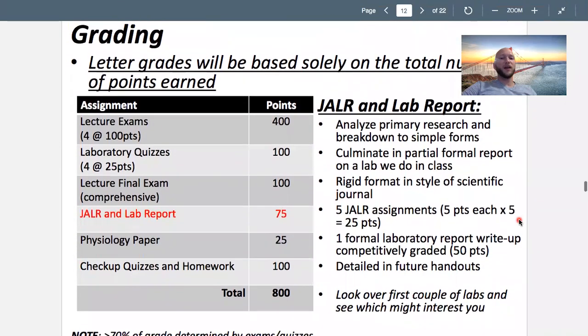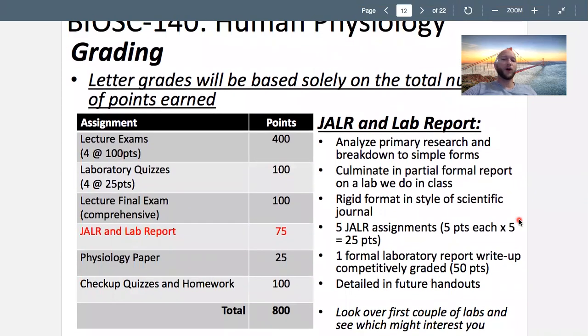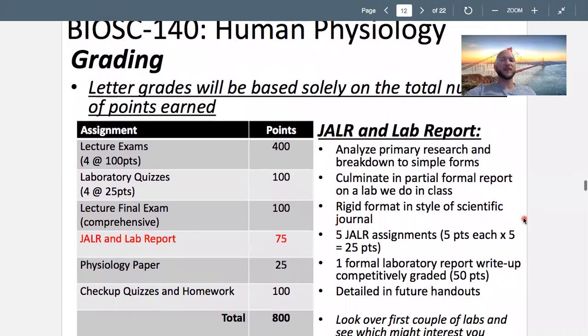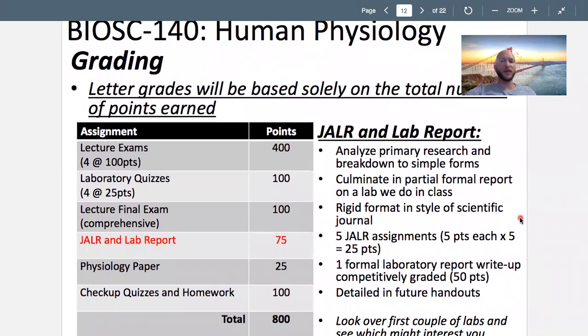The JLR and laboratory report. The purpose of this assignment is to help students be more comfortable reading primary research, reading scientific research papers.